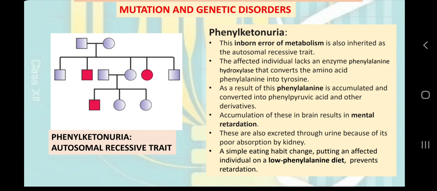Now in those steps, as in hemophilia or any other disease, only one enzyme is going to be abnormal because of phenylketonuria, and because of that abnormal enzyme the body will not be able to convert the amino acid phenylalanine into tyrosine. So here you can see this statement.